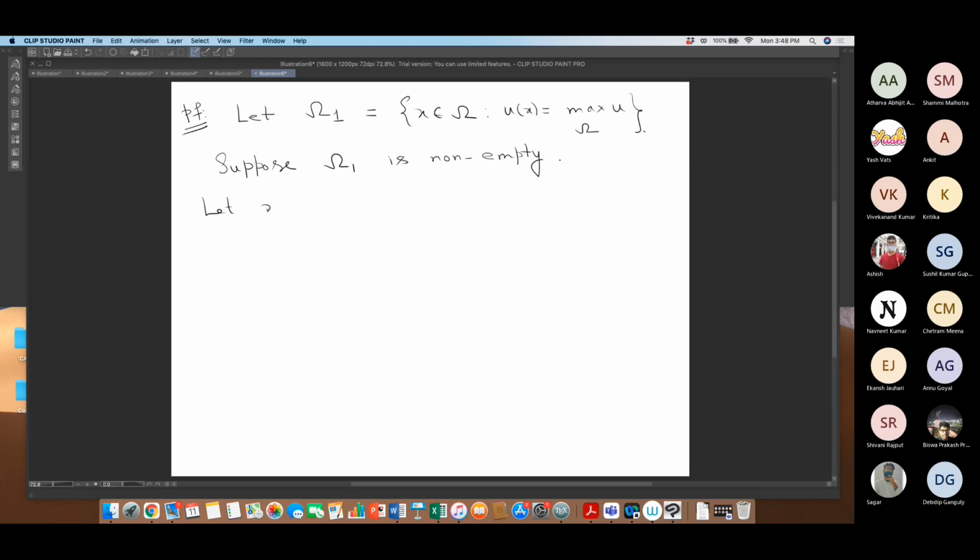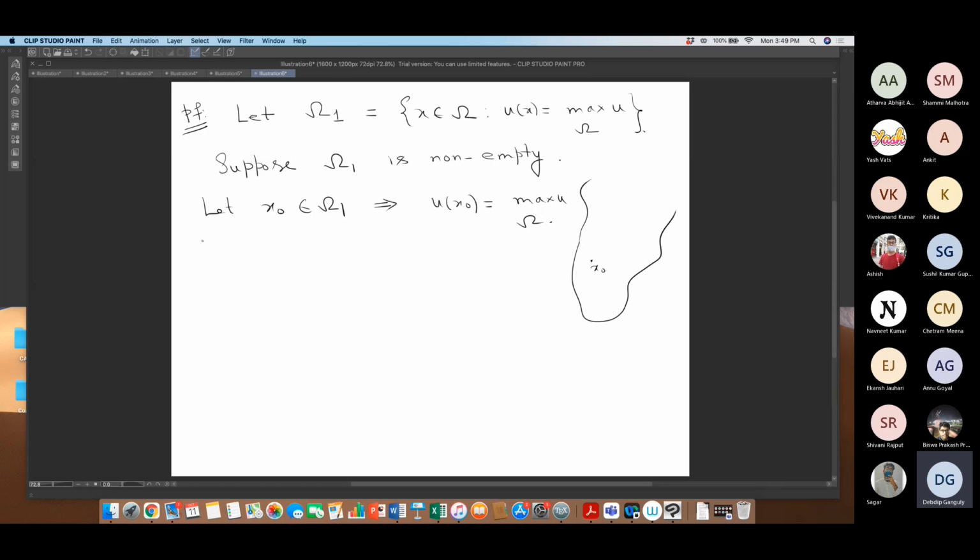Let x naught belong to omega 1. This implies u of x naught is equal to the maximum of u in omega. So this is your omega, and at the point x naught it attains its maximum, and x naught is an interior point.